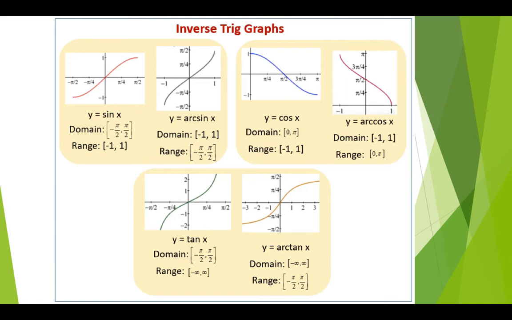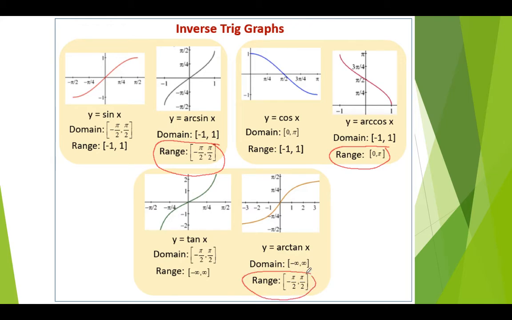And so right here, we're really only going to talk about sine inverse, cosine inverse, and tangent inverse, or arcsine, arccosine, arctangent, and their restricted domains and ranges. And for today, what we're really going to focus on is the ranges of these inverse functions.